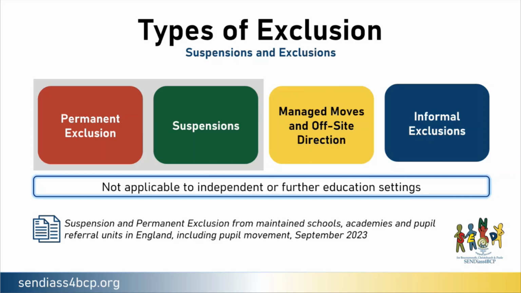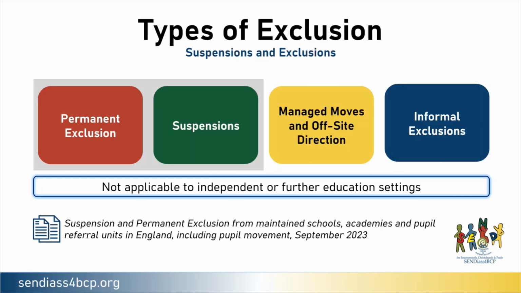Although not considered an exclusion, guidance on off-site direction and managed moves is also provided within the Department for Education's exclusions guidance. Managed moves and off-site direction are behavioural strategies used to improve a child's behaviour to help prevent a suspension or permanent exclusion.